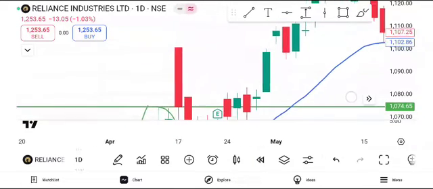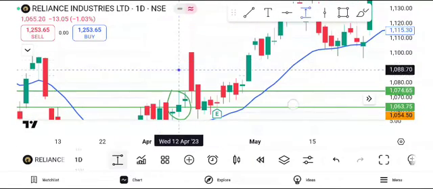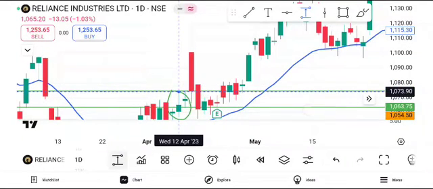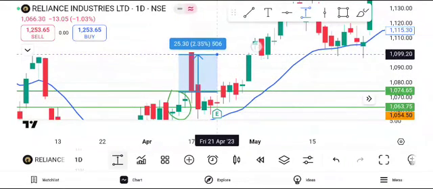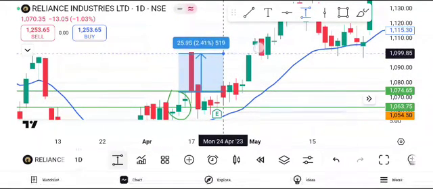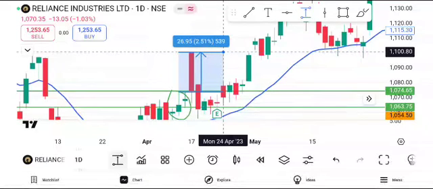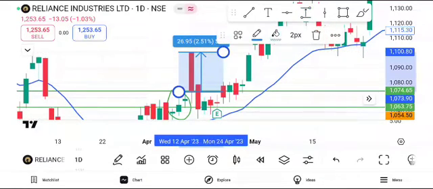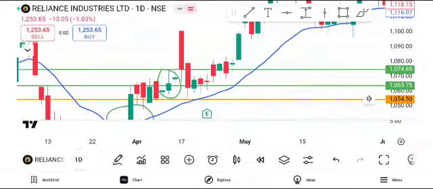Now see the movement of the stock. Immediately it gave a gap up of about 2.5% and came down. Again it gives support, the 20 MA acts as a support. We will take another entry here, and another entry here also.